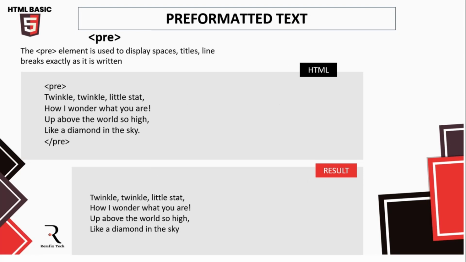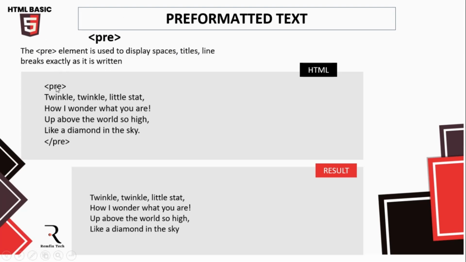All right, also in text formatting, we have a particular tag called pre, which is referred to as preformatted text. The pre element is used to display spaces, tabs, and line breaks exactly as written.